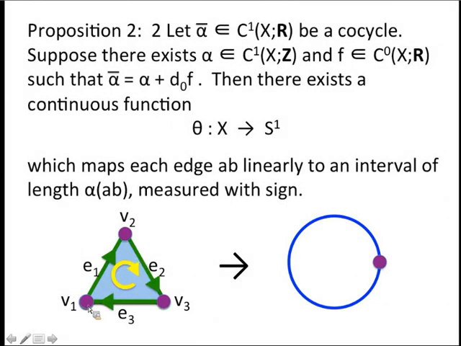So we can now go ahead and come up with our useful theorem. In our useful theorem, we now have more hypotheses. We've got a cocycle where our ring is now the real numbers. And we also have a one-cochain, using the integers as our codomain, as well as a 0-cochain here, such that our function alpha bar is going to be the sum of these.